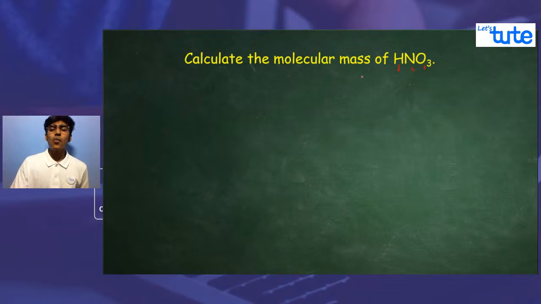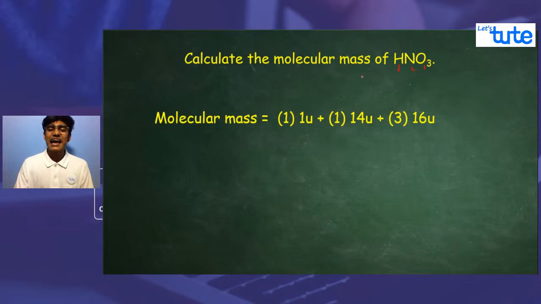Okay, so we know the atomic mass of hydrogen, nitrogen, and oxygen. Now the formula depends on the number of atoms. In the first case, hydrogen has one atom, so we multiply 1 by the atomic mass of hydrogen.